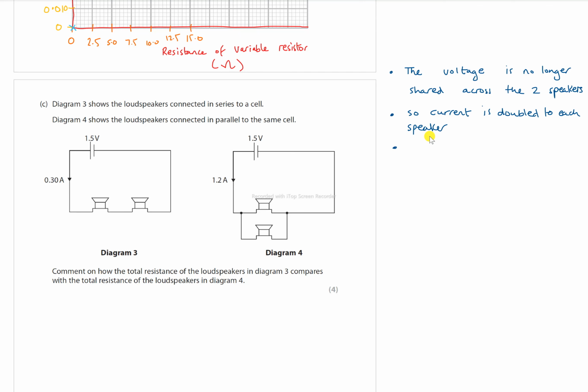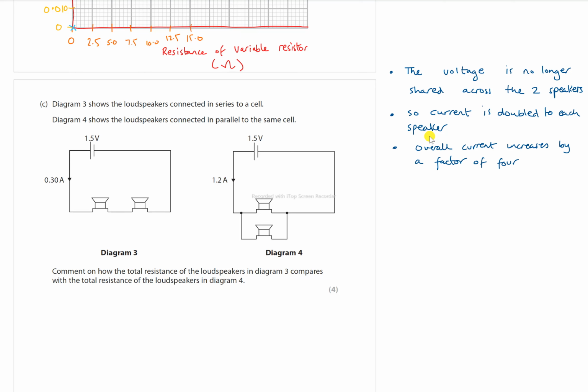So overall, current increases by a factor of 4.